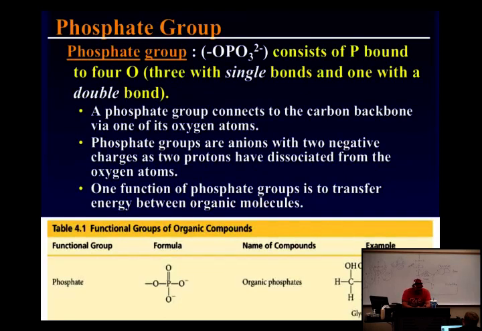What is that? Functional group. It's negative, right? So DNA has a phosphate group. So what's the charge on DNA? It's negative, right? Because phosphates are negative, so DNA is negatively charged.